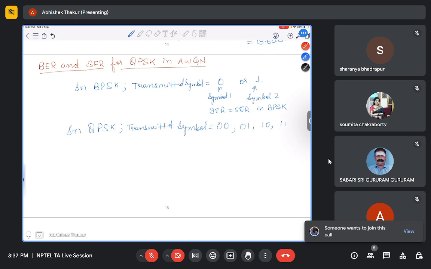So there can be error in bits. If there is an error in bits, then definitely there is an error in the symbol.